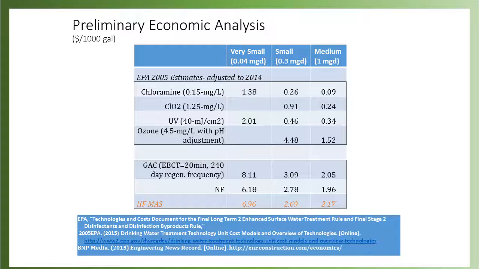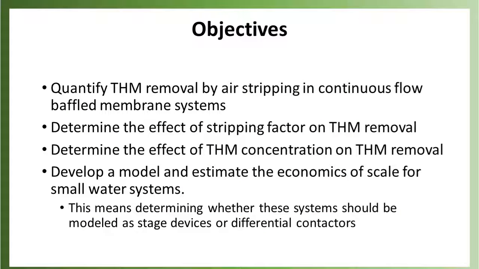And when we did our scaling, I'll say, because these come in different modules, the size of the module changes and the number of modules changes as we move up in the flow rate. Okay. All right. So we did the preliminary economic analysis, and then we said, okay, we're going to do some experimental work. And Nash is going to walk us through.